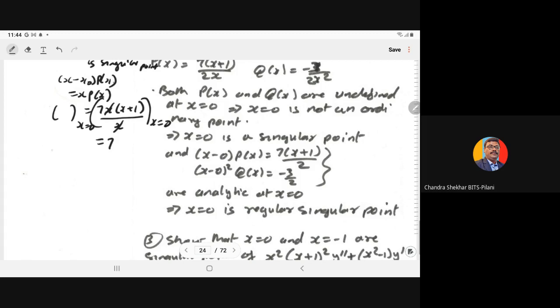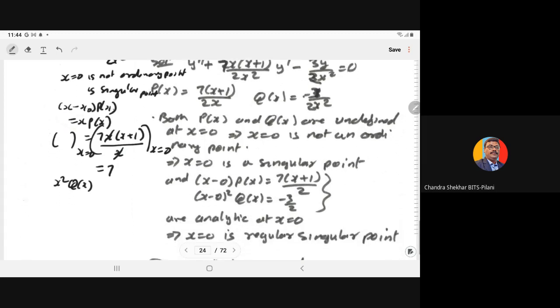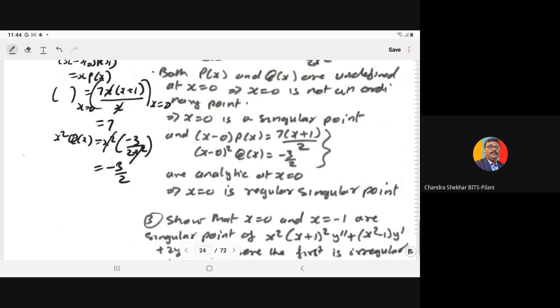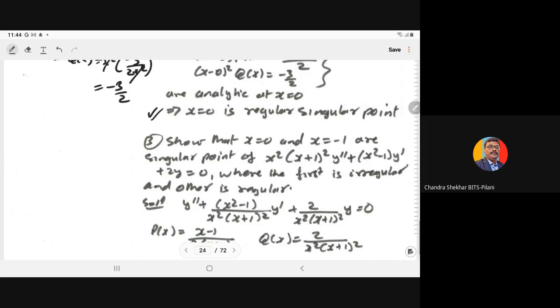Then if you compute x square into q(x), and q(x) is minus 3 upon 2x square, x square and x square cancel out. So here we have minus 3 by 2, which is also well defined. So here we can say that x equal to 0 is a regular singular point.